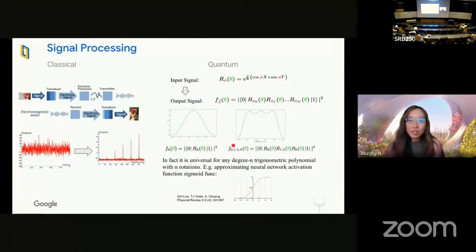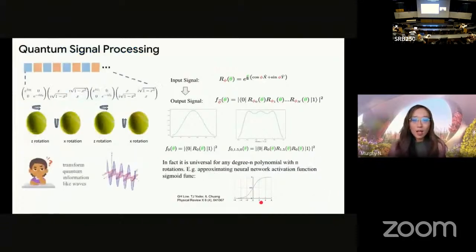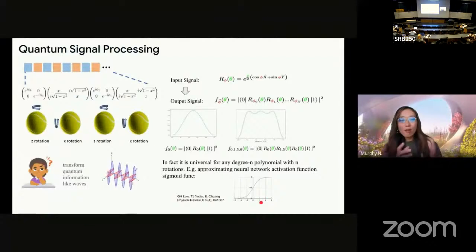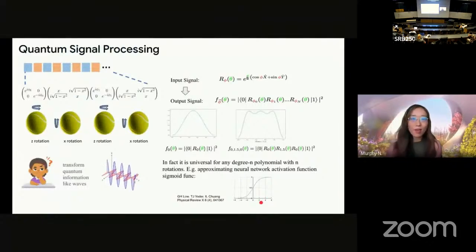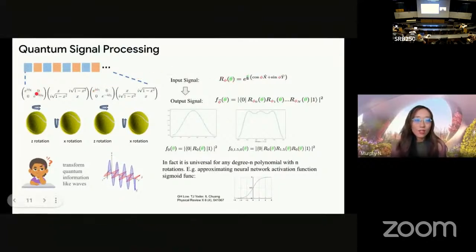And in this groundbreaking work by Guang Hao, Ted, and Ike, they show that, in fact, it is universal for us to realize any degree-n trigonometric polynomial function with n rotations. For example, we can approximate a neural network activation function. And to see how it works, we can visualize the underlying dynamics by, for example, rewriting this single qubit rotation into purely Z rotation and purely X rotation.